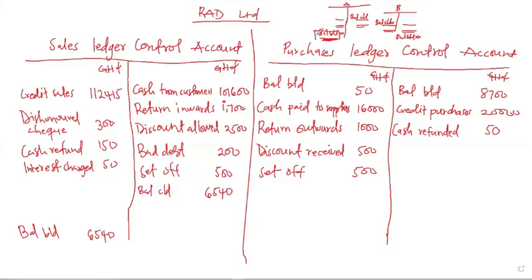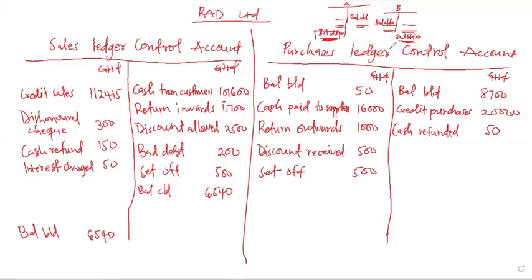It is this balance brought down that we use to determine the account balance. Account B has a credit balance because of this balance brought down, which is on the credit side. We don't use the balance carried down to determine the balance of the account. It is the balance brought down after the total.